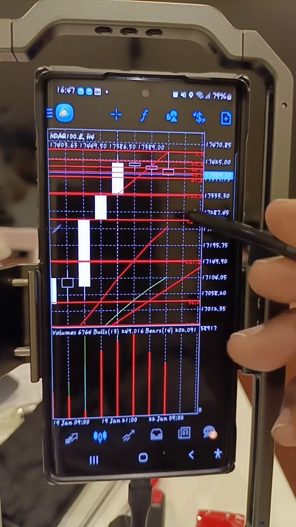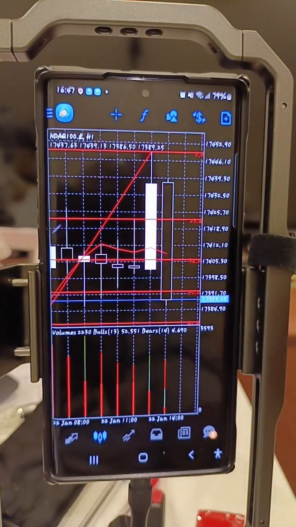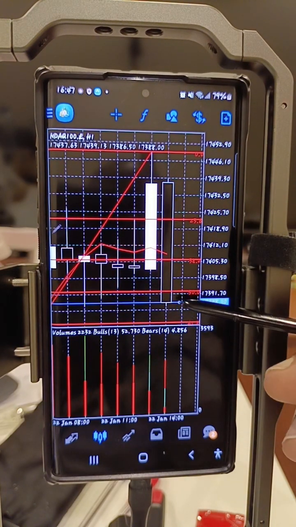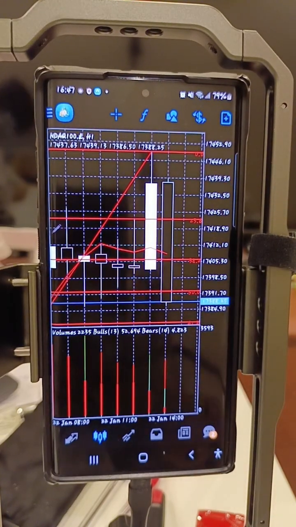Okay, when it gets to the fifth, it moves now, it sells off to the 50. The 50.